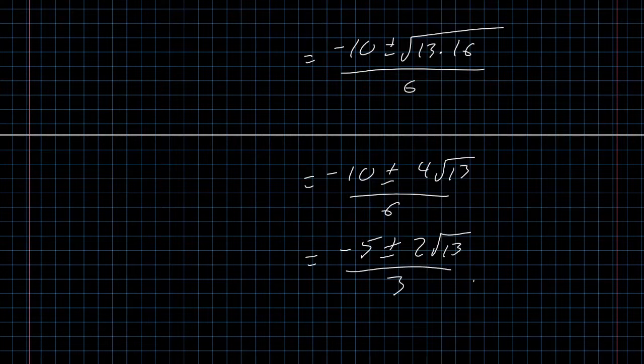All right, so simplifying that a little bit, I get that my critical values occur when x is negative 5 plus or minus 2 square roots of 13 all over 3.